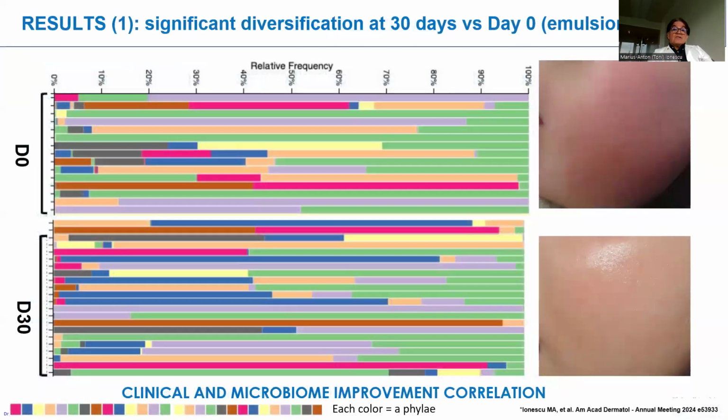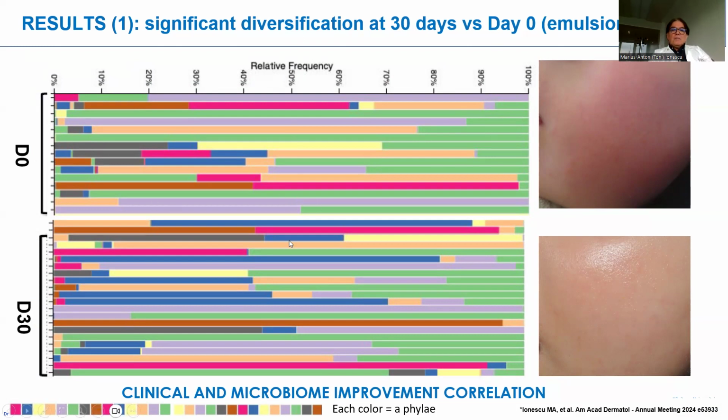On the upper part of the slide, you can see at baseline, each color representing, of course, a phylum. You can see a rather poor diversity, not very poor, because the patients were not really during the flares of eczema. They were moderate forms of atopic dermatitis.